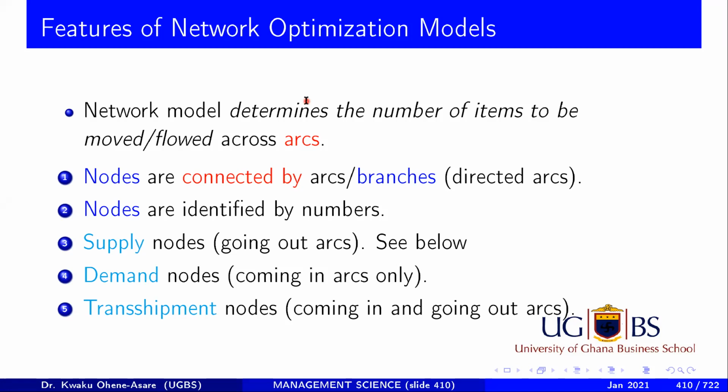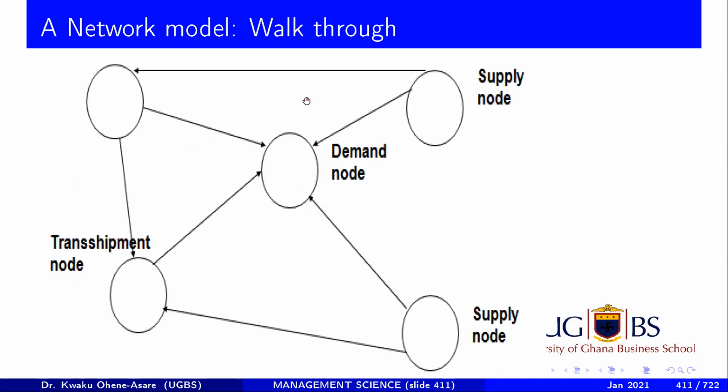Transshipment nodes receive and then send at the same time. In the Accra Mall example, if the flow doesn't end at Accra Mall but continues to 37, then Accra Mall junction becomes the transshipment node.